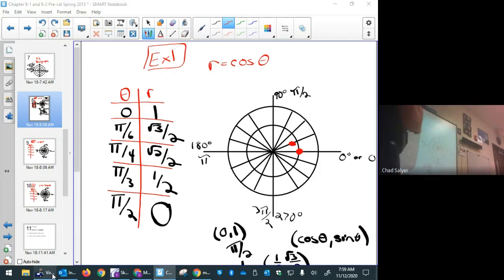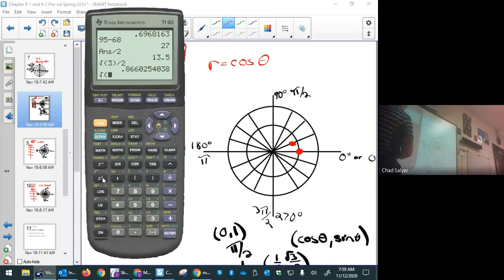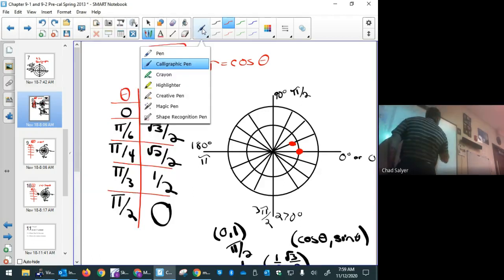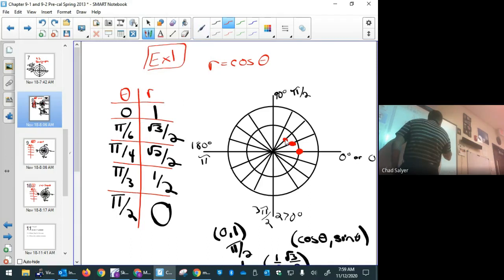Square root of 2 over 2 is about 0.7. So that's on this 45-degree arm. So a little past halfway. And then the cosine of pi over 3 is 1/2, so that's about halfway.